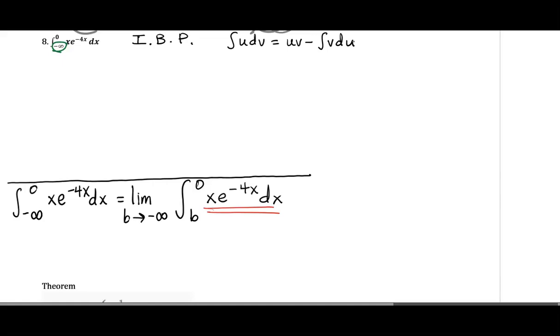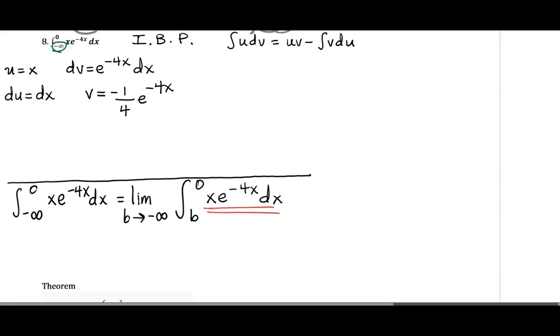Using LIATE, I do not see a log, I do not see an inverse trig, I do see an algebraic expression. I will let u be x. dv will be everything else in the integral. I will differentiate u to get du as dx, and I will integrate v to get negative 1/4 e to the negative 4x as v.